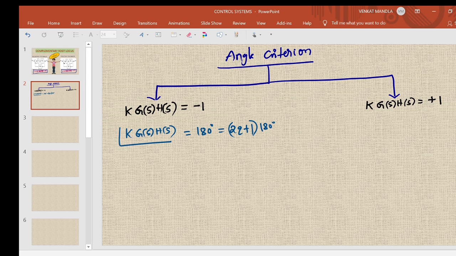When K G(s)H(s) equals plus 1, it is 0 degrees or 360 degrees, or even multiples of 180 degrees.